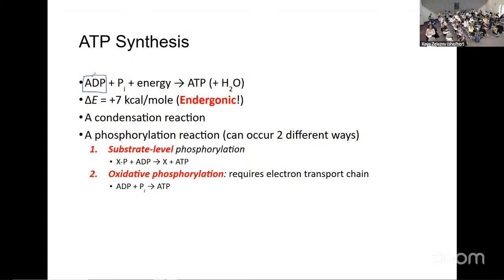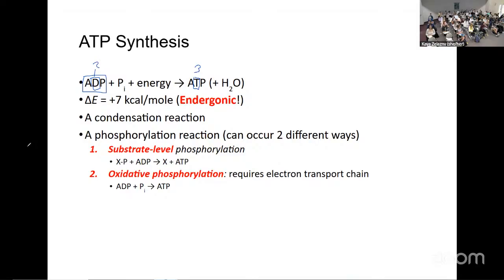So that's the 2, that D in the middle. D is 2. Here's that third phosphate group that we're grabbing from the environment, so that's where the third one can come on so that we have our adenosine triphosphate at the end. But we need to put energy into this process.